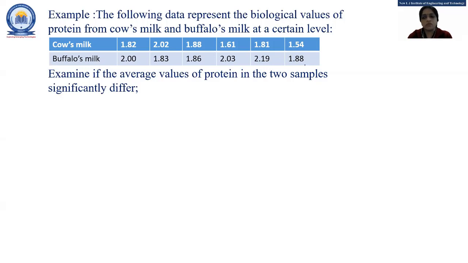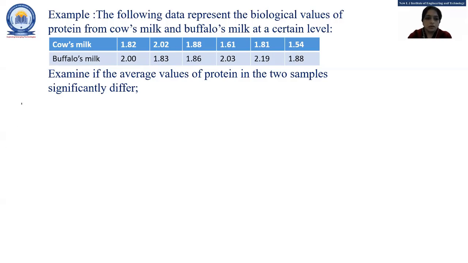So students, when sample sizes are the same, at that time we have to check whether the given samples are independent or not independent. If the given samples are independent, then we have to go for one method. If the given samples are not independent, then we have to apply a different method. Here, both samples, cow's milk and buffalo's milk, are independent samples. That's why we will apply this formula, right?